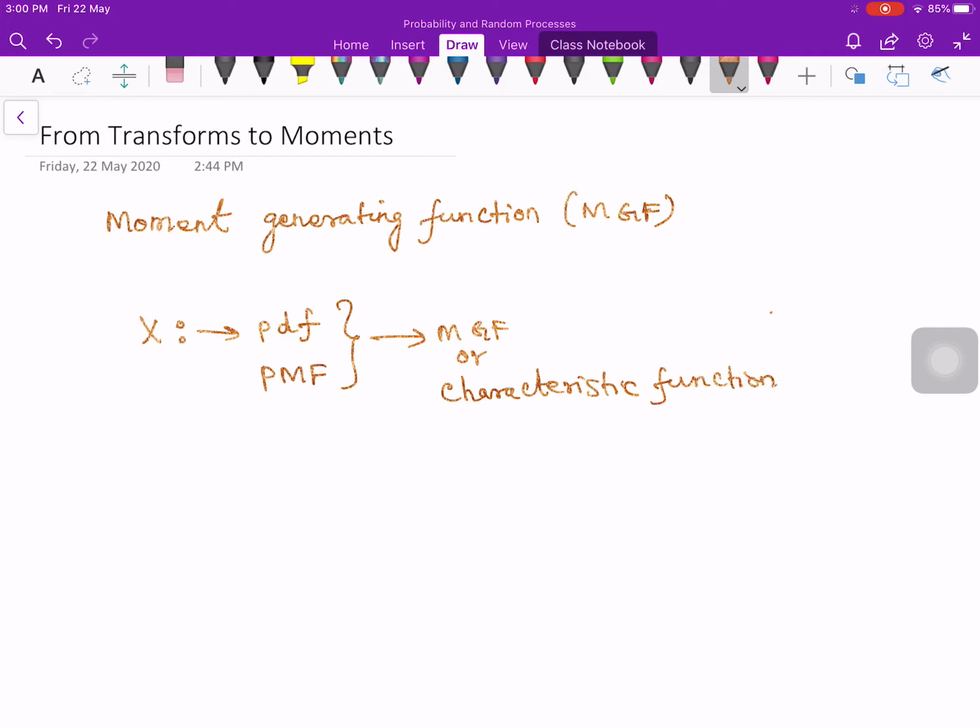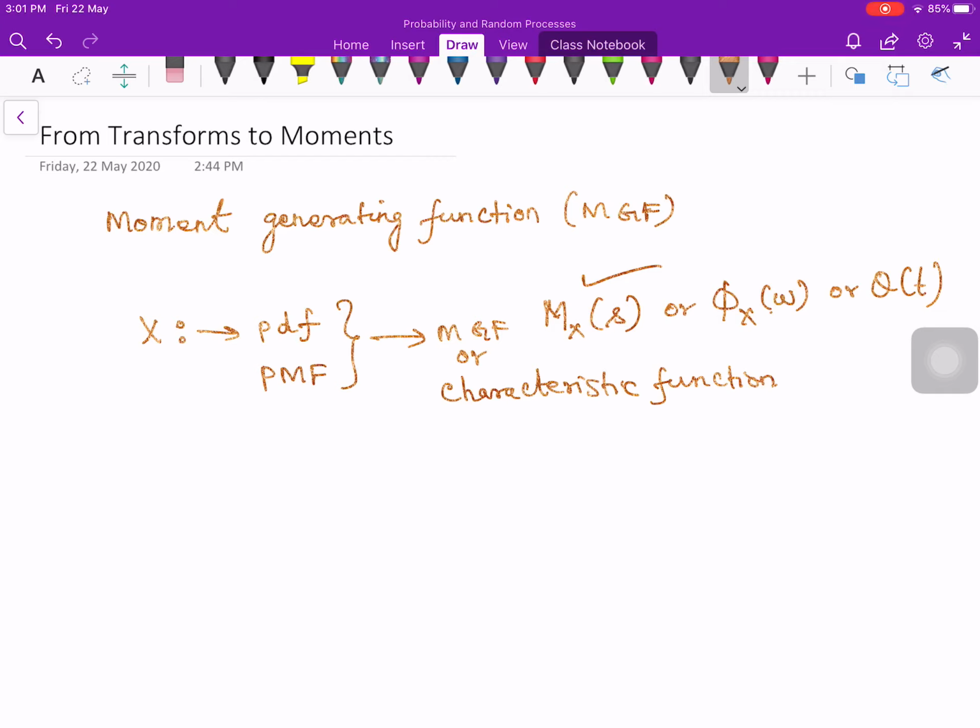Either way you can call it. And this moment generating function is denoted by m sub x of s, or some other authors denote this by phi x of omega or theta of t. Now in this lecture I am going to consider this notation.